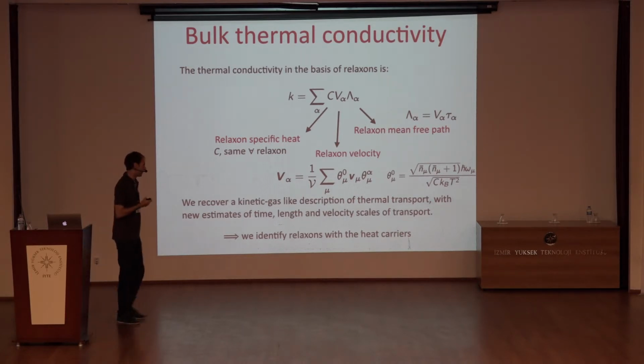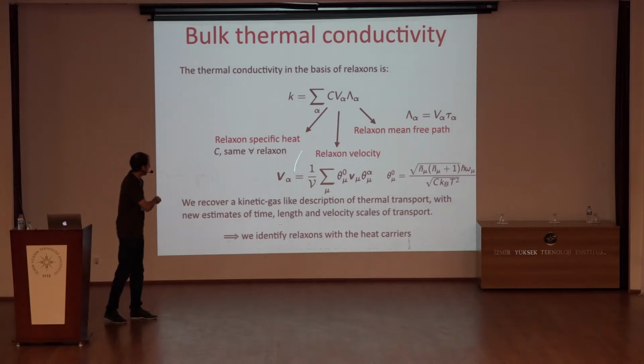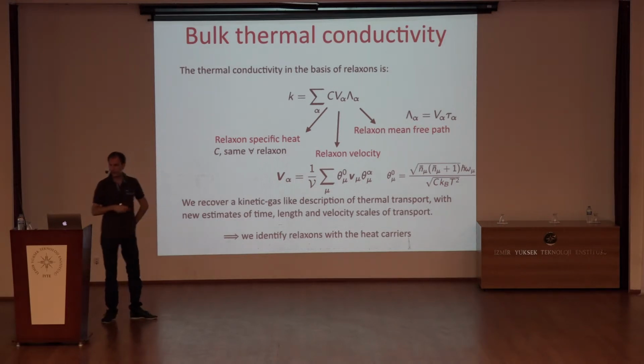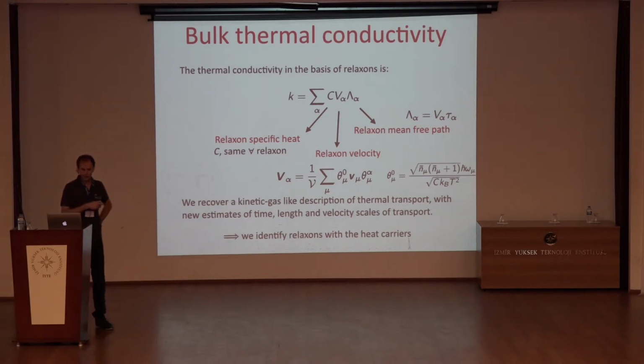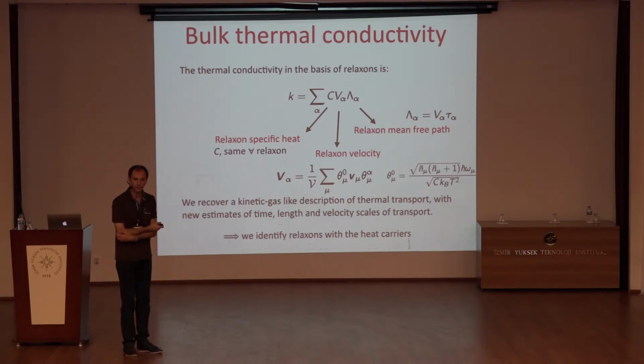Now the gas is made out of relaxons. Okay. Of course, by doing this, we also introduce a different time, length, and velocity scale of thermal transport, and you can start having a look at some applications and how this changes how we estimate these properties inside the crystal.